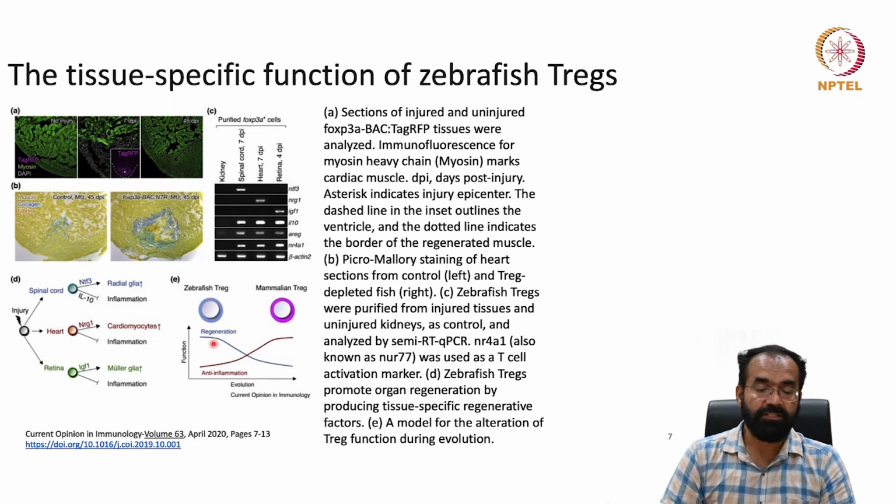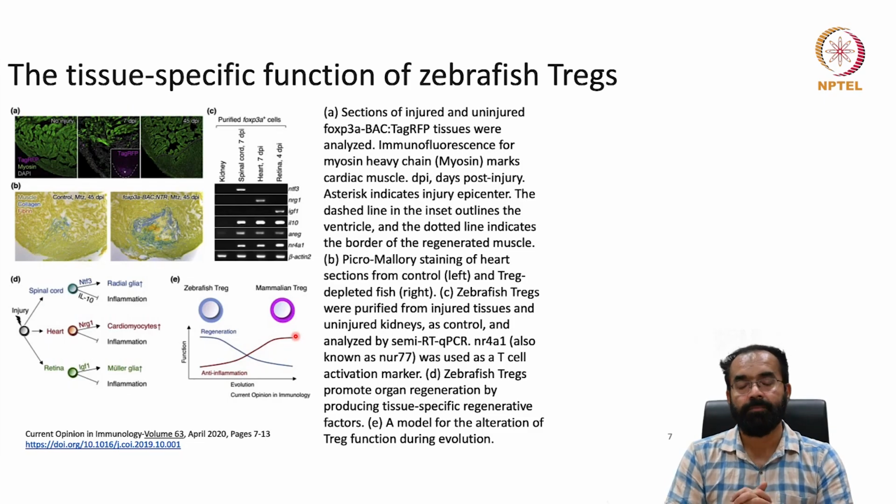So we can see, and the last panel, E, is a model for the alteration of the Treg function during evolution. What they are showing here is that zebrafish Treg has an extensive regeneration function. In evolution, it has gone down in the case of mammalian Treg. And when it comes to anti-inflammation, it is low to start with in zebrafish Treg, and in mammalian Treg it is quite high.